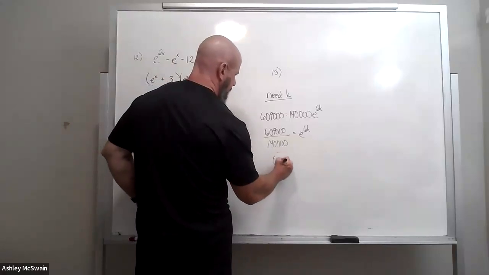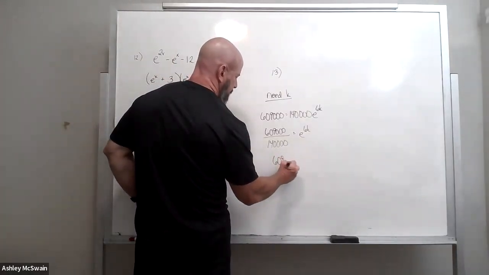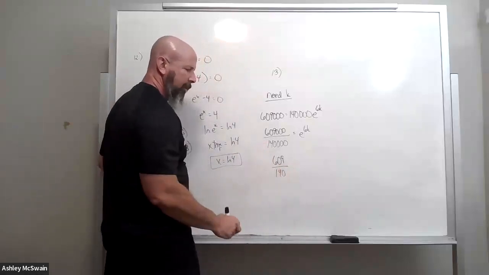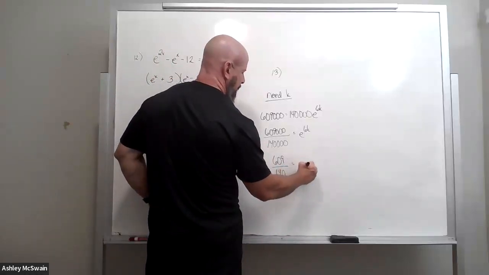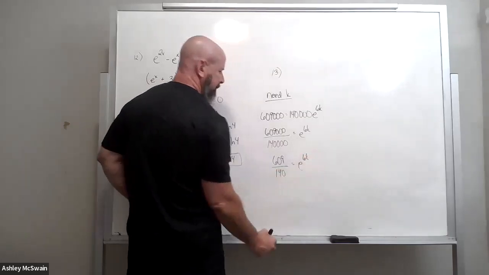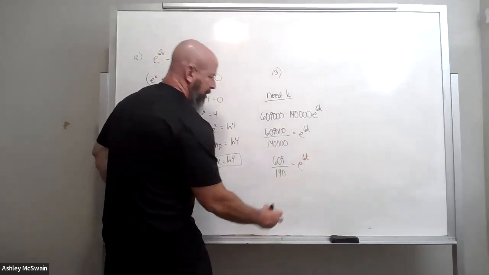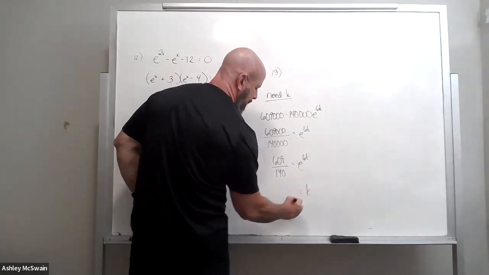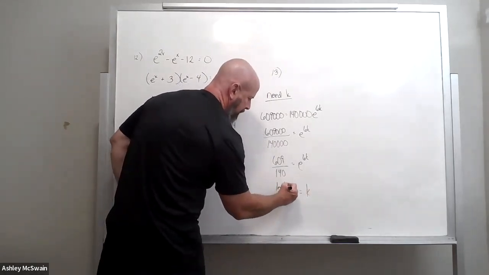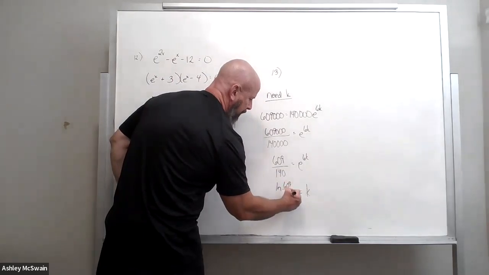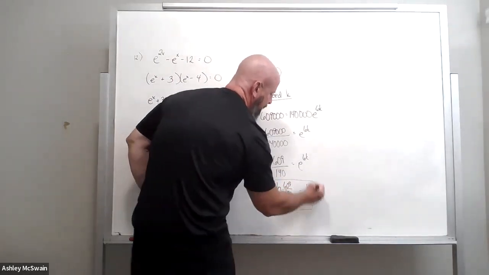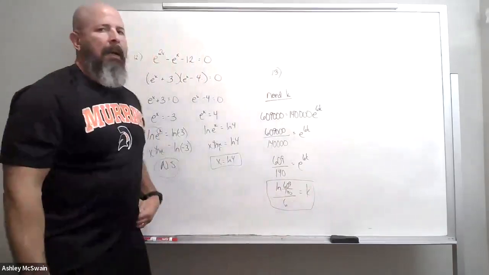In this case, since I don't have my calculator, I'm just going to write it 609 over 140 equals e to the 6K. And that would mean that K, after I do my logs, would be ln of 609 over 140, all over 6. There's that K value.